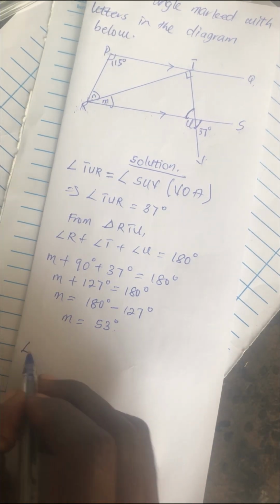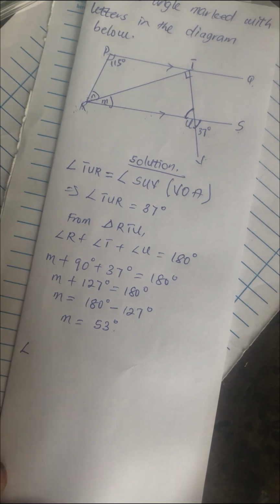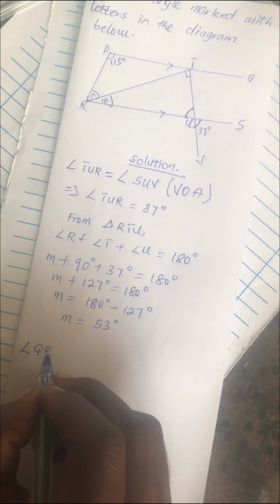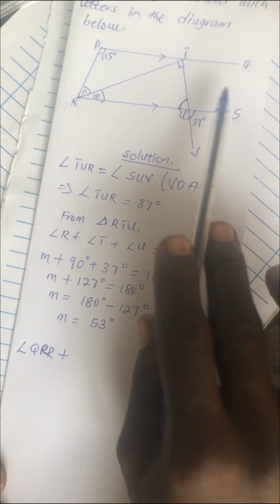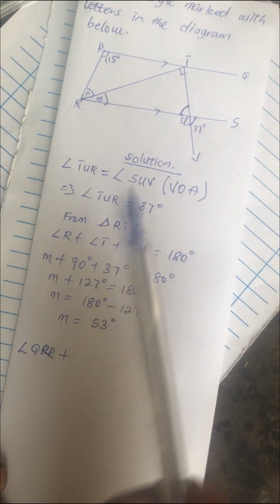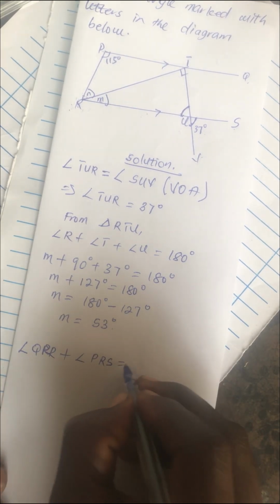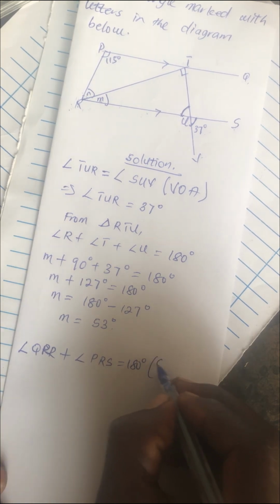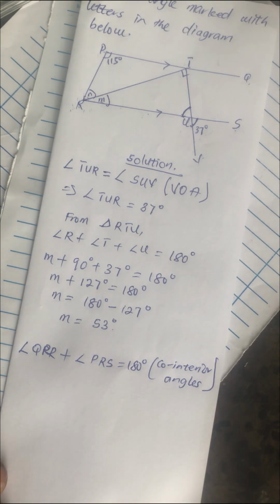We can say that angle QPR plus angle PRS is equal to 180 degrees. The reason is co-interior angles, and they sum up to 180 degrees.